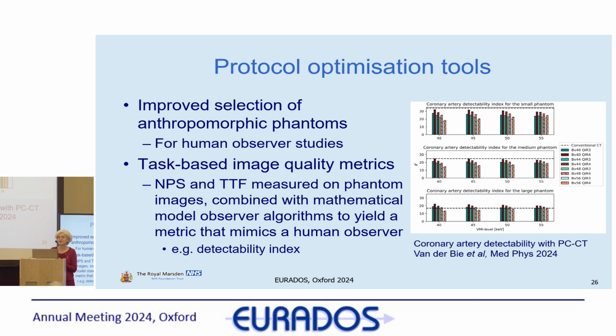An example of this is the detectability index, and here you can see the detectability index for coronary artery detectability with photon counting CT, and this is measured in a small, medium, and a large phantom for a whole array of conditions, and then compared against what the conventional CT scanner would do, which is the dotted line.